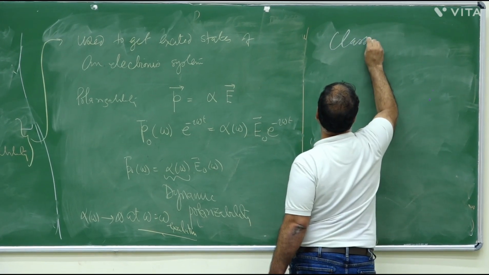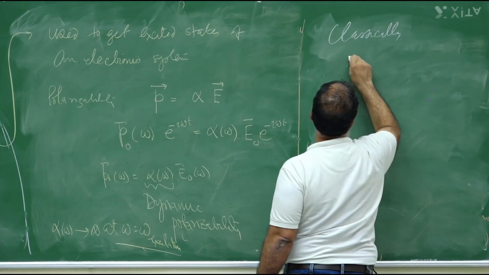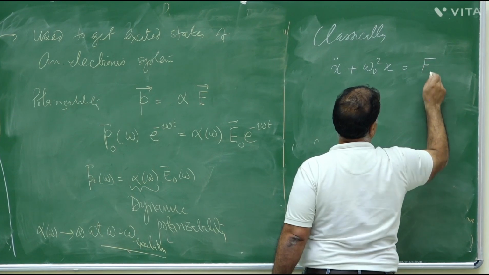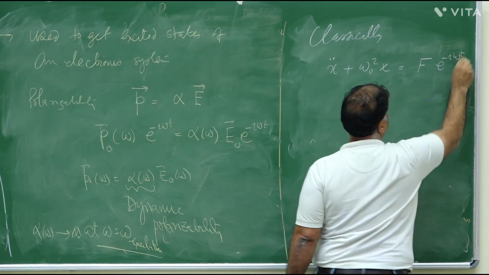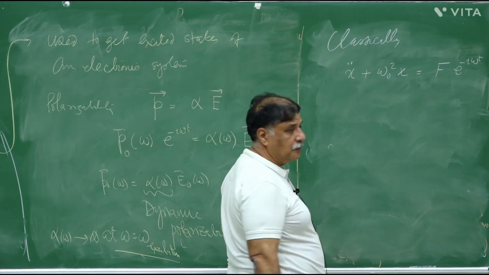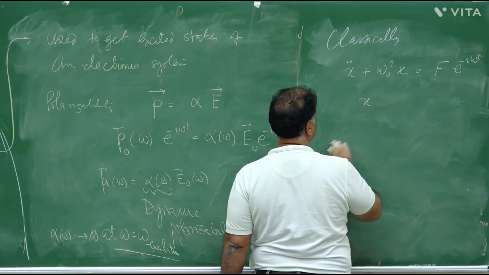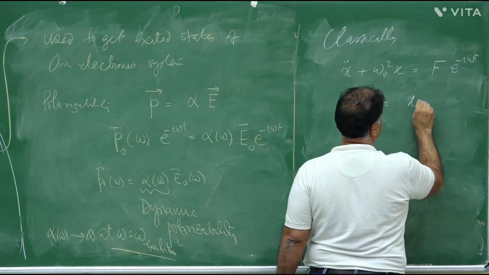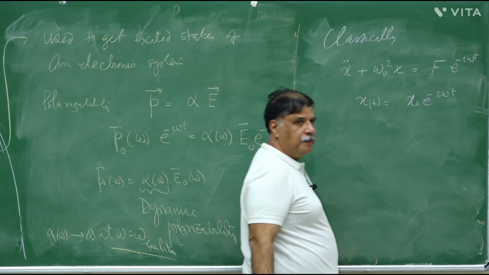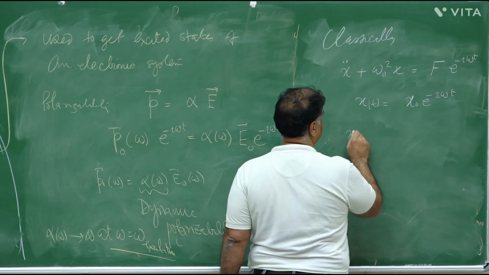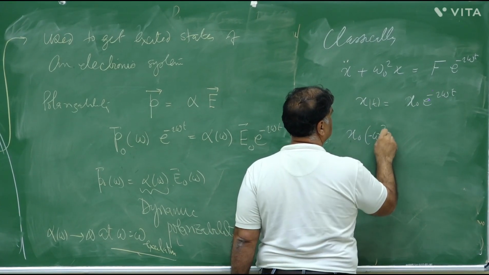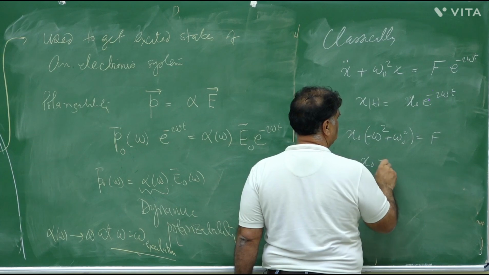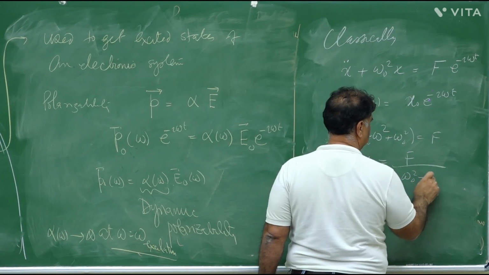So classically, if I have a harmonic oscillator and apply a force on it, then I can take the solution x(t) equals some amplitude x0 e^(-i omega t), and you see that you get x0 times (minus omega squared plus omega0 squared) equals f, or the amplitude becomes f over (omega0 squared minus omega squared).